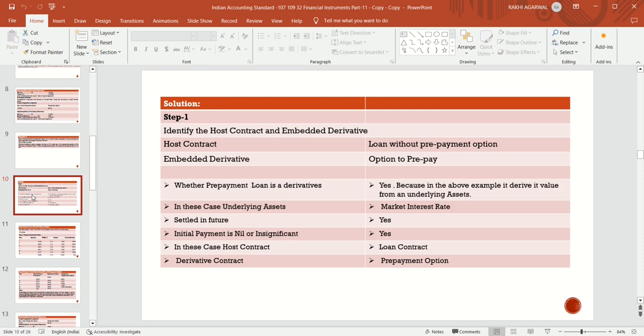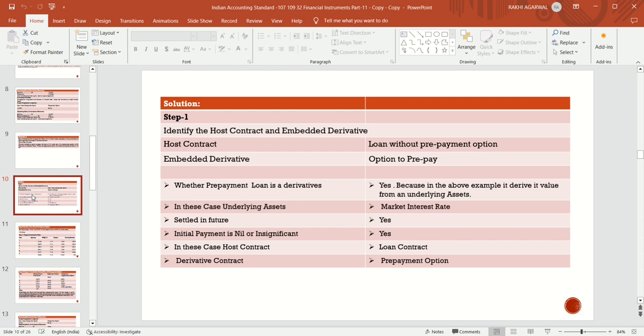Discuss the solution. Solution. Firstly, step 1: identifying the host contract and the embedded derivative. Here the host contract is the loan without prepayment option, and the embedded derivative is the option to prepay. That is, there are two contracts involved in one transaction: the host contract, that is the main contract, which is the simple loan contract without prepayment option, and the derivative, which is the option to prepay, means the penalty option.